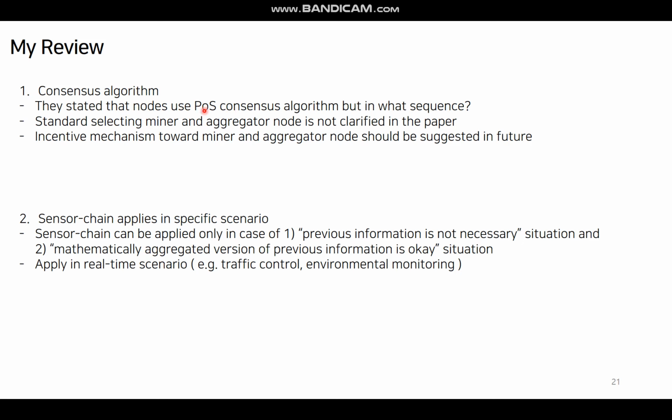The standard for selecting the miner and aggregator node is not clarified in the paper, so I could not select the miner and aggregator node. And also, in addition to the consensus algorithm, an incentive mechanism for miner and aggregator nodes should be suggested in future for implementation of the sensor chain.